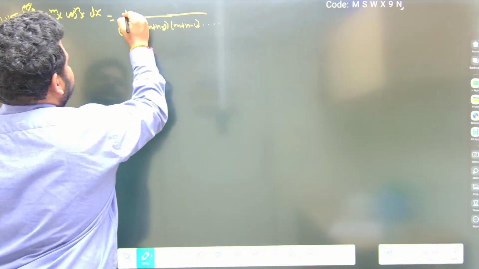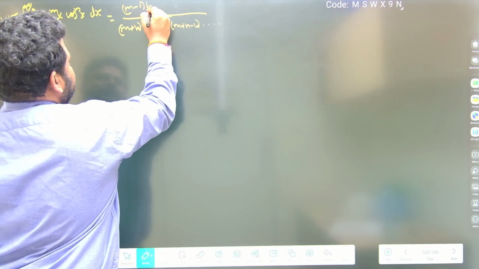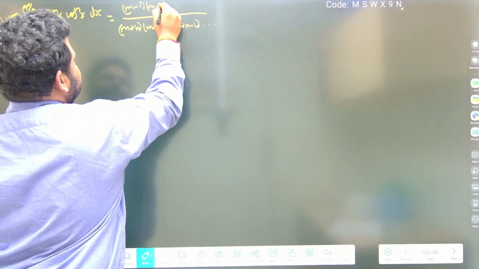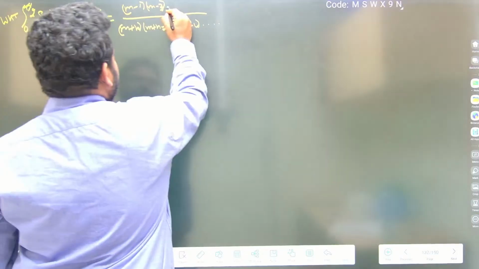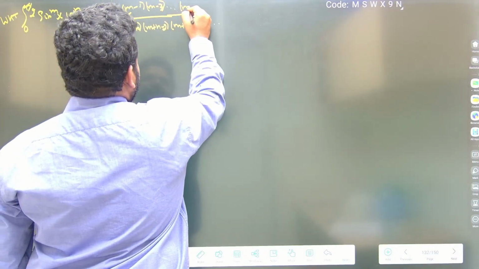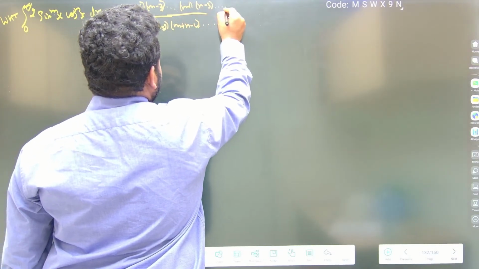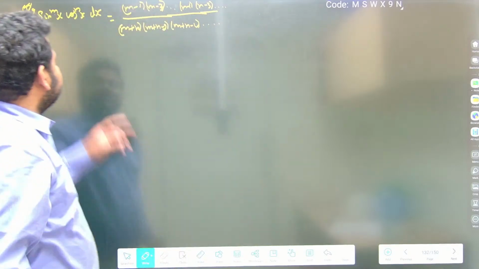Numerator m minus 1 into m minus 3, it goes on like this, into n minus 1 into n minus 3, it goes on like this, into pi by 2 when both m and n are even.